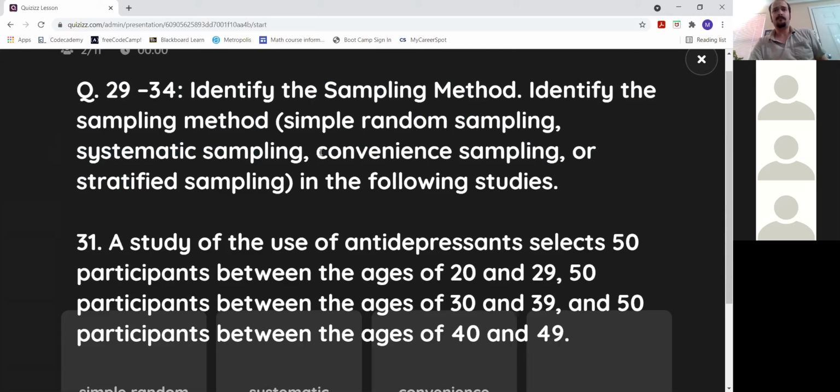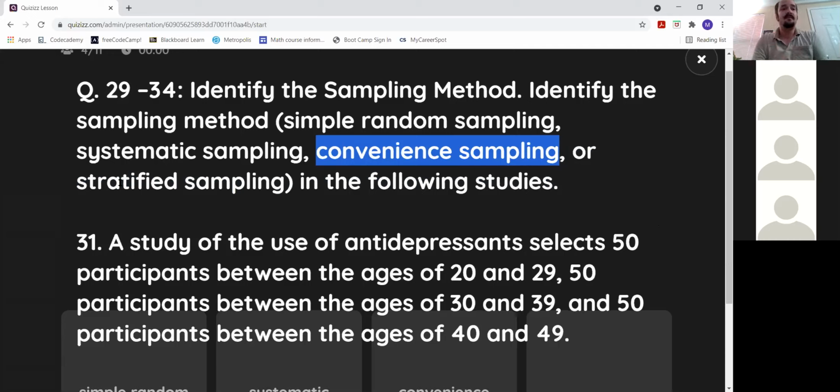Convenient sampling is like I want to do the easy thing. Sometimes you have no options but convenient sampling. I think the book gives the anthropology example of collecting skeletons. Sometimes you can only collect the skeletons that you find. You can't go study the skeletons you haven't found or the ones that decomposed. So sometimes you don't have any other option besides convenience, but it is doing the easiest sort of thing. If I want to sample high school seniors, the example for convenient sampling would be the people in my class.